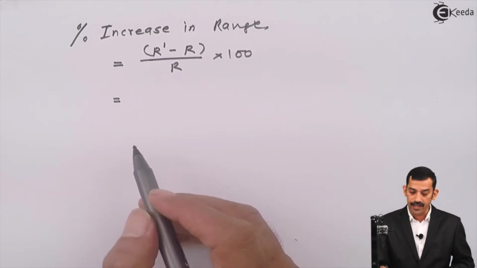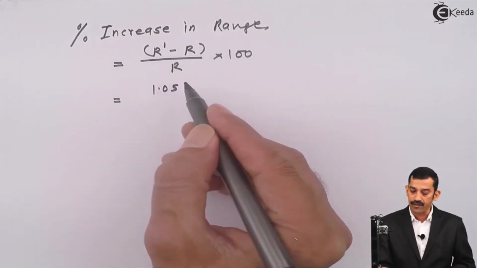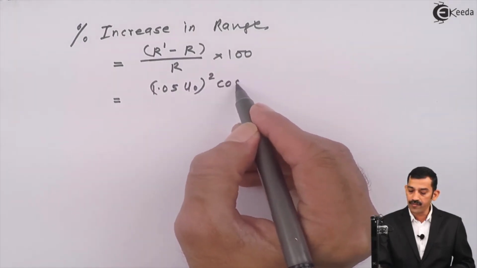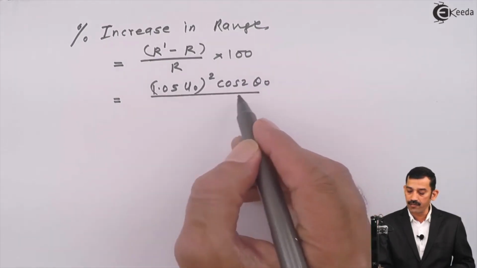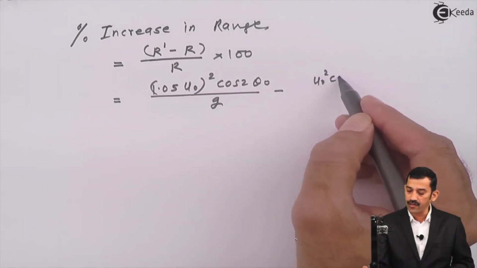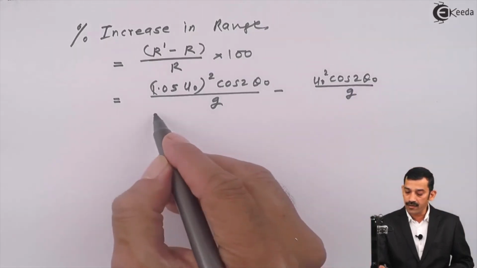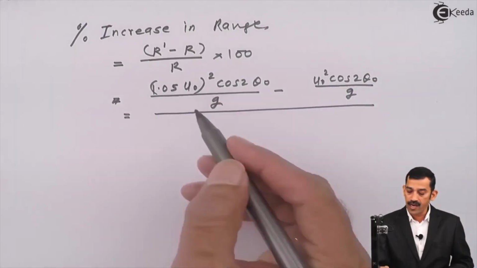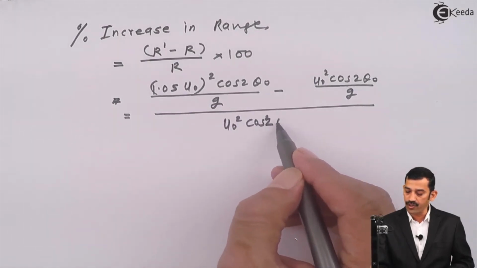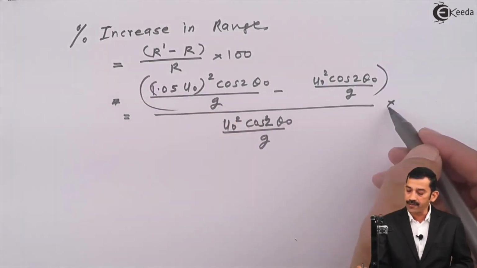R dash is 1.05 u0 square sin 2 theta 0 divided by g, minus R, which is u0 square sin 2 theta 0 upon g, divided by the same value u0 square sin 2 theta 0 divided by g, multiplied by 100.